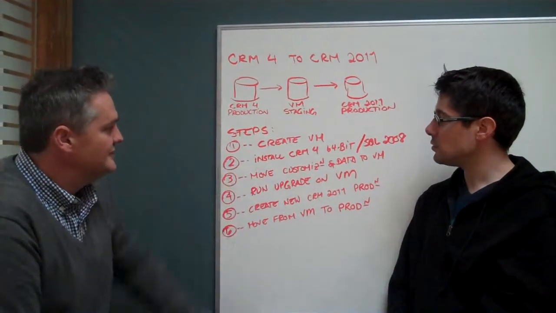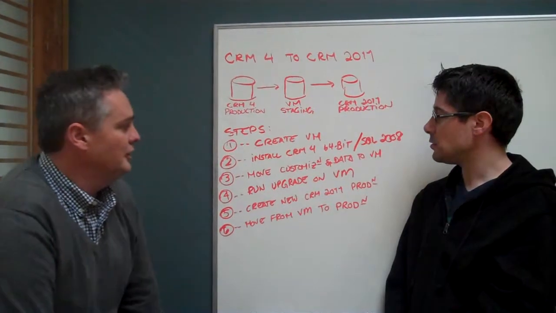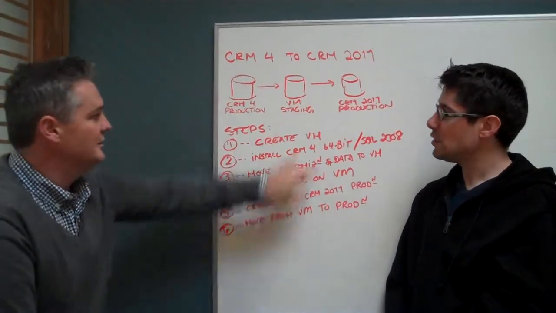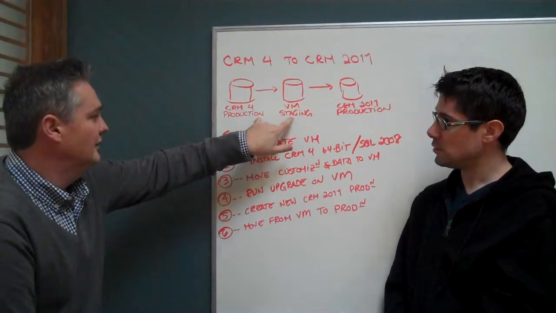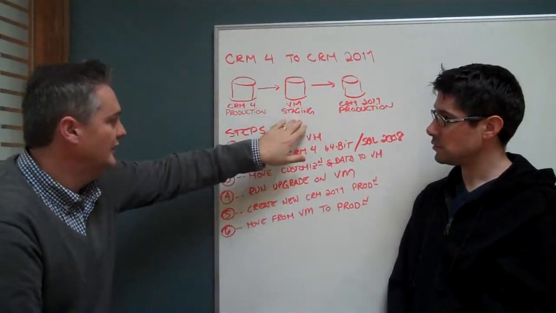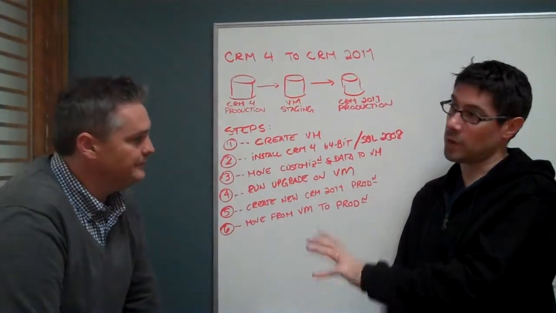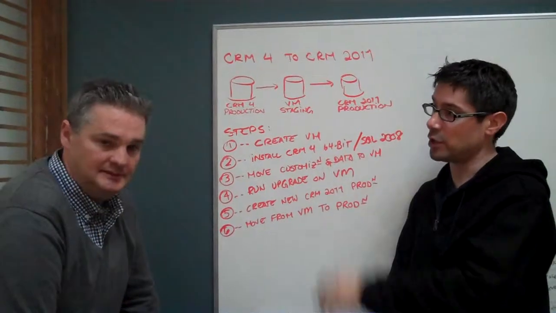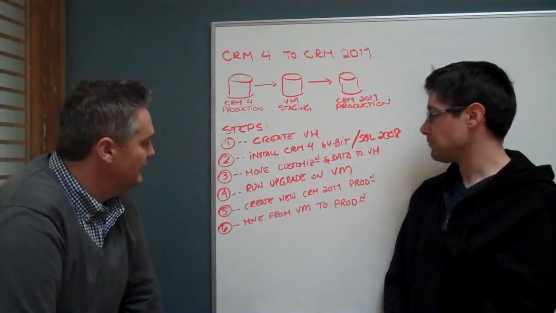And then we install CRM4 and we import the organisation into CRM4. So basically at this point we've got a copy of the production system in the appropriate environment. We've got customizations and data now in our virtual machine. Yes, we've got everything there.